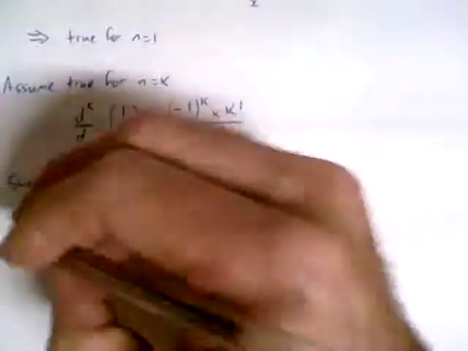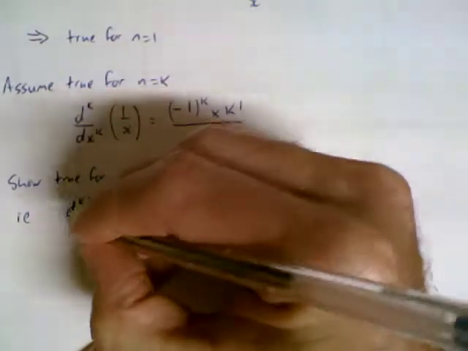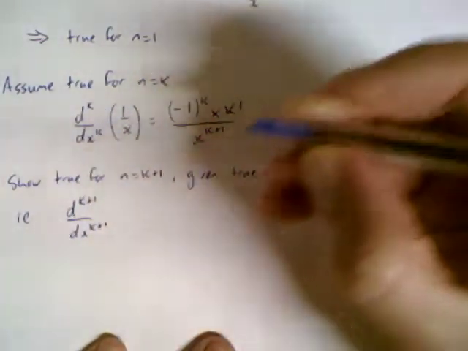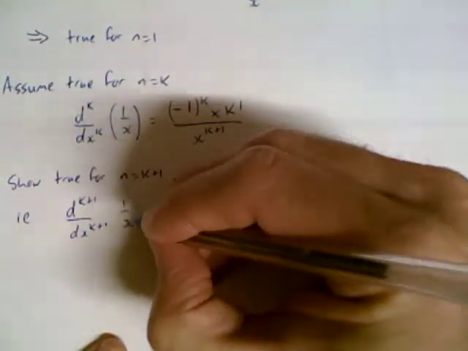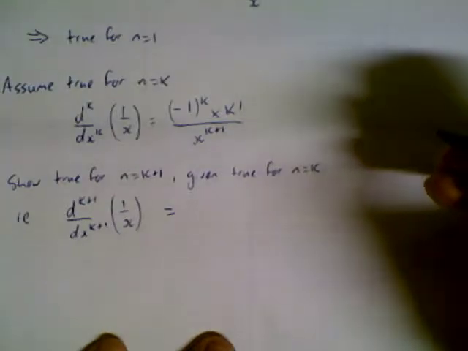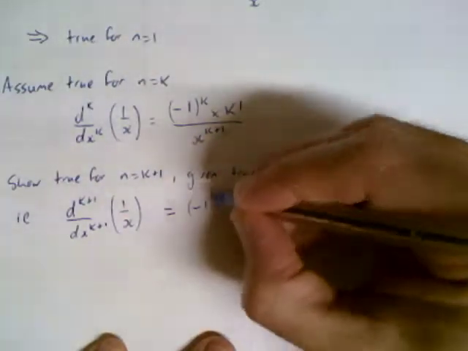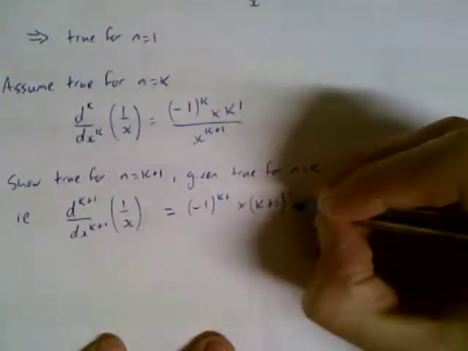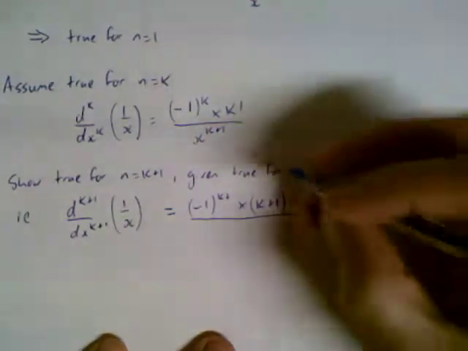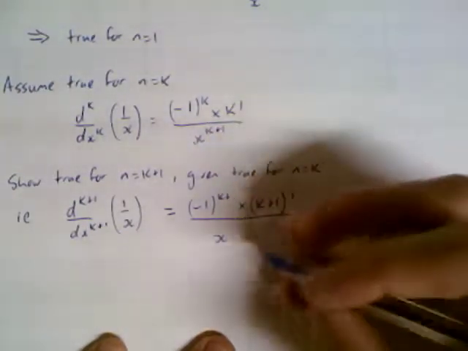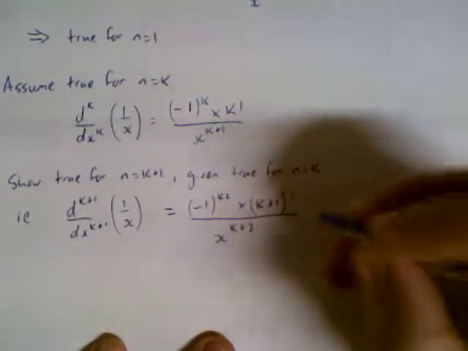Okay, in other words, what we want to show is that the (k+1)th derivative of 1 over x is going to be equal to (-1)^(k+1) times (k+1) factorial over x to the power of k plus 1 plus 1, so that'll be, in other words, x^(k+2).